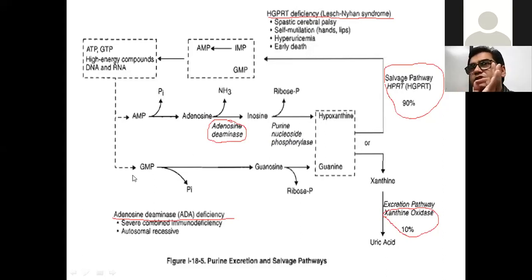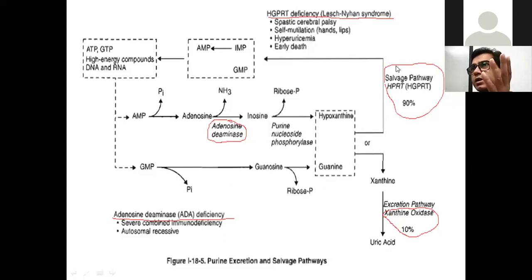Now same is the case with the GMP, the same enzymes are being used over here, the same phenomena, but this time it is not going to make hypoxanthine but guanine. Now this hypoxanthine and guanine are having two choices. Either this hypoxanthine or guanine can go further to resynthesize this AMP and GMP, right?